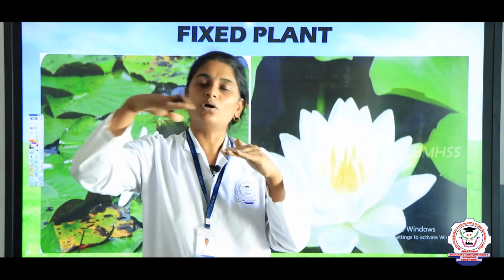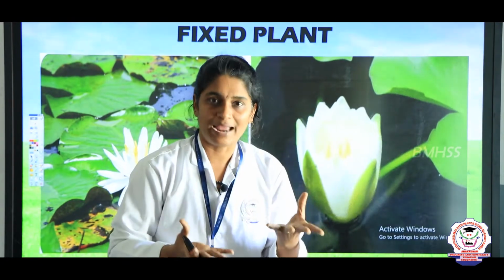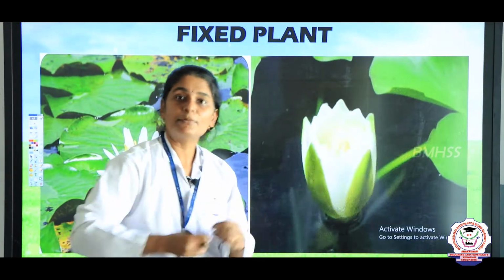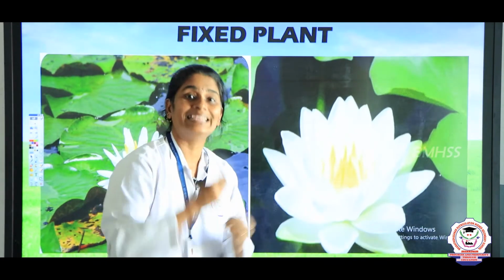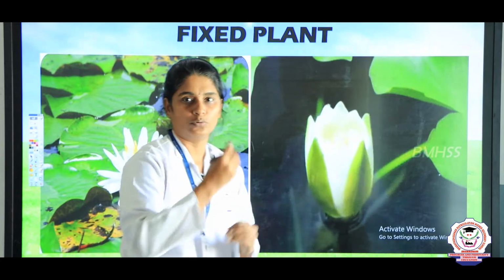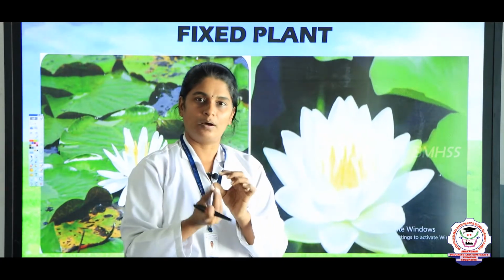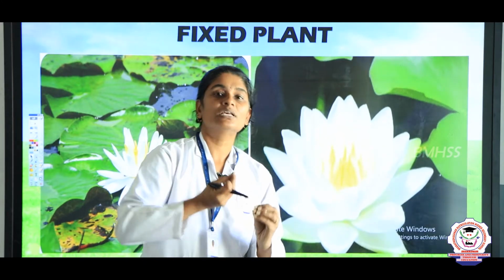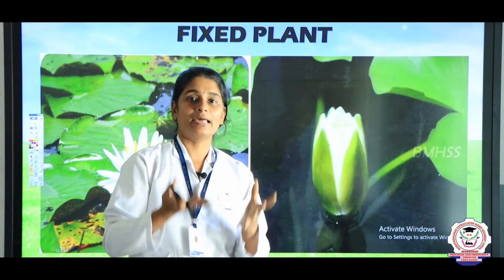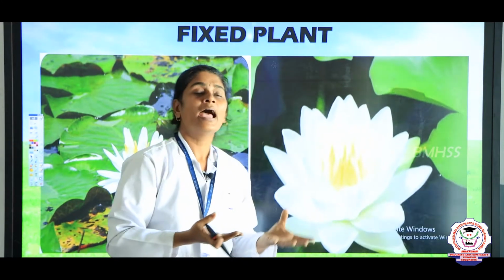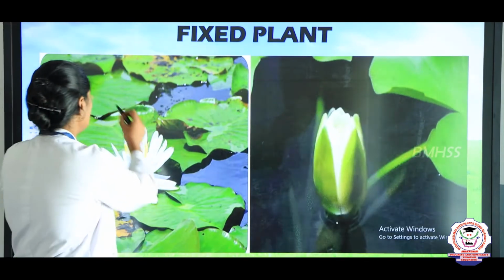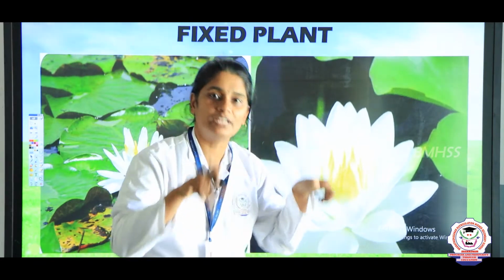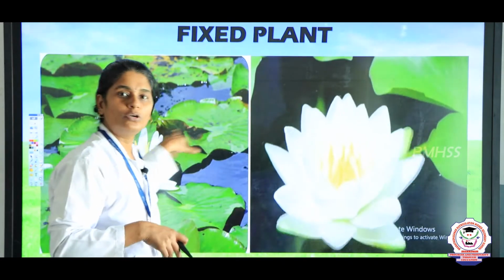We can see that the leaves of these plants float on top, and the stem of these plants is very long, thin and hollow. Hollow means it has an empty space inside. Why? Because it is very light weighted and thereby stays inside the water. Also the leaves are very broad and float on the water.